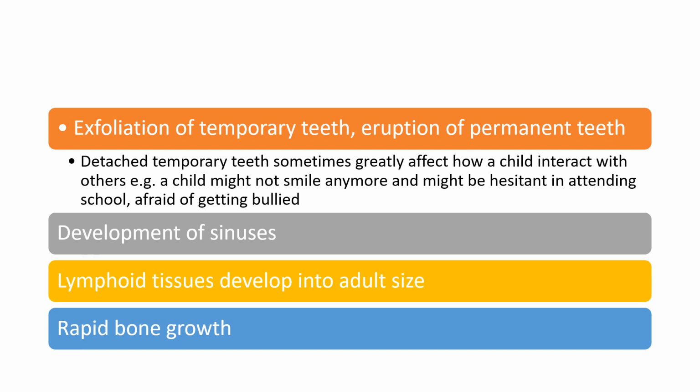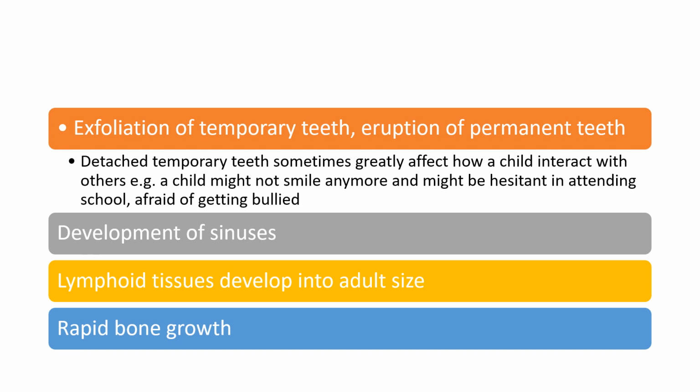Development of sinuses. So in our skull, we actually have sinuses. When I say sinuses, these are spaces in the skull where air might enter. The development and the maturity of the sinuses actually begins in this age. Lymphoid tissue develops into adult size. Lymphoid tissue is part of the immune system.